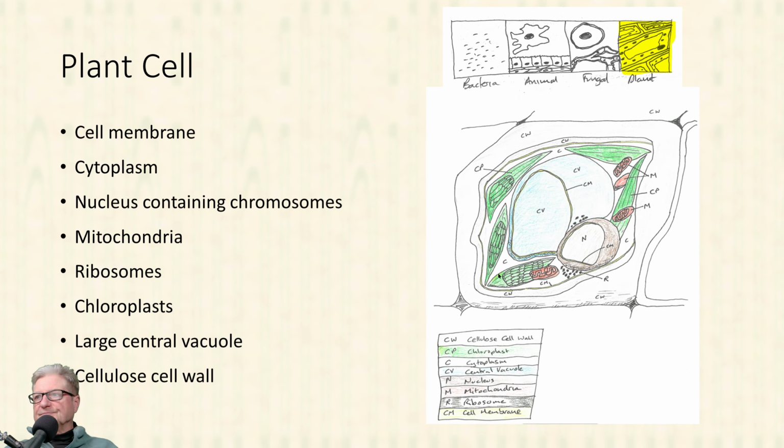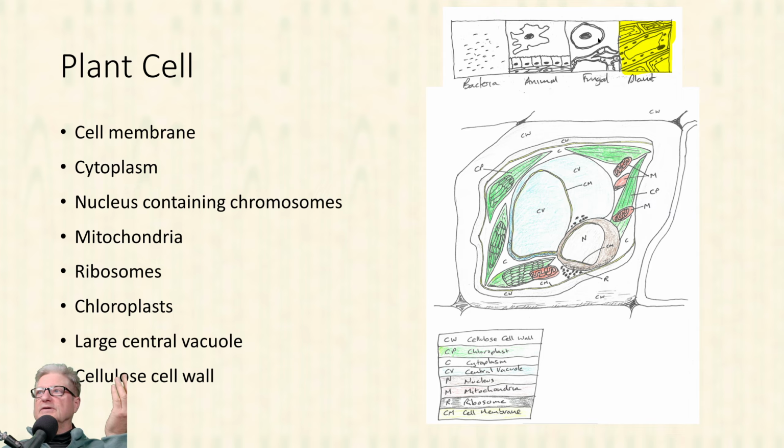Plant cells tend to be large and generally some kind of geometric shape is what is drawn in the diagrams. And the plant cells will have the four things, again, that all cells have. They have a cell membrane, they have cytoplasm, they have chromosomes, and they have ribosomes, okay?